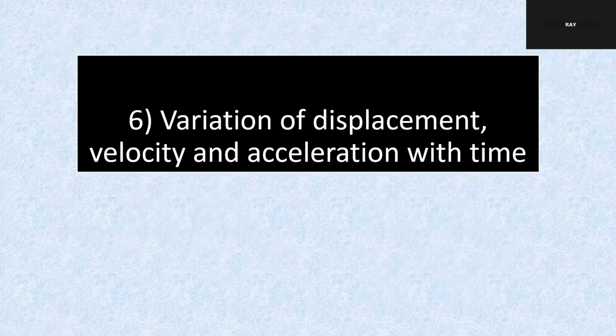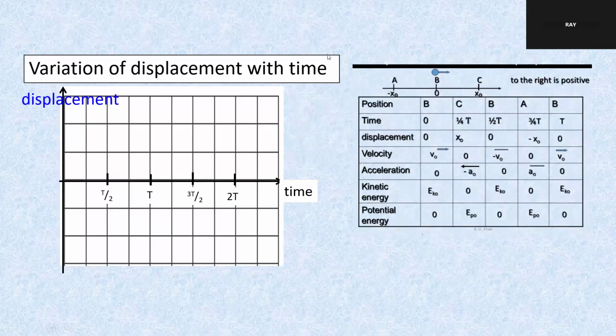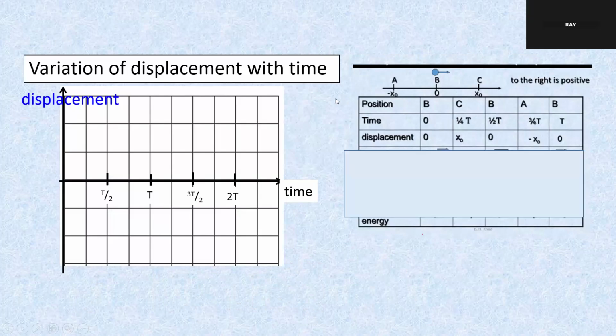Relation of displacement, velocity, and acceleration with time. You can either use this one, or as I said, we have derived the equation. You can plot it out. But we have said that it's a sine curve. Right? You won't have this type of graph like that.